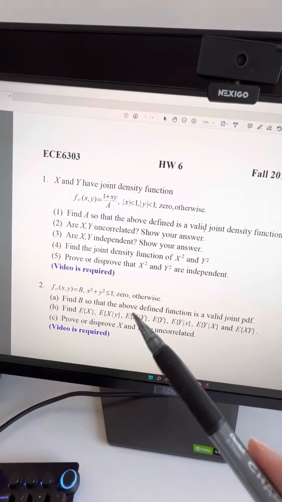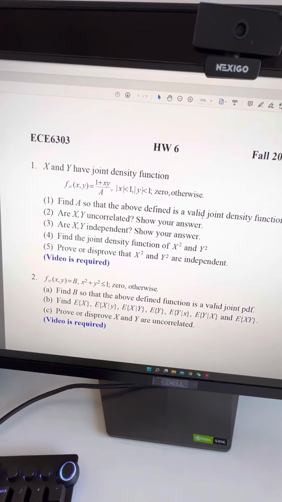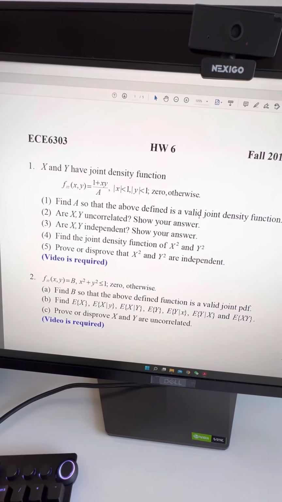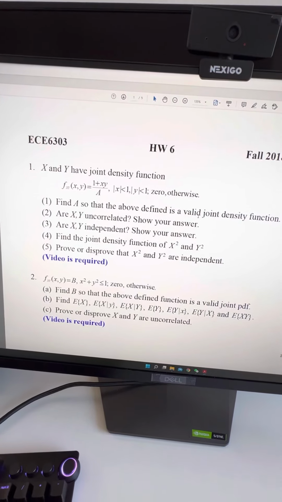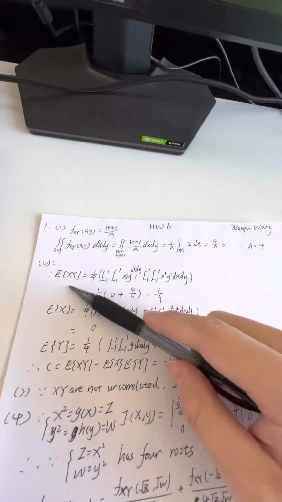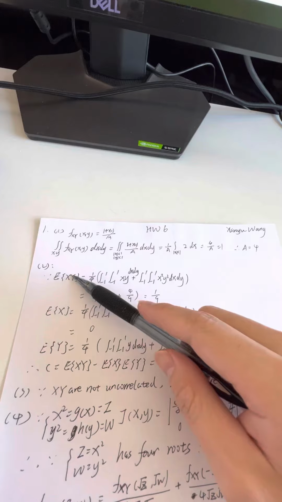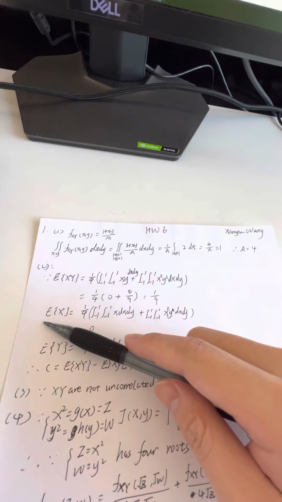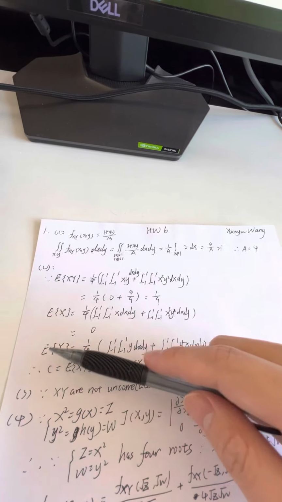For the second sub question, are x and y uncorrelated? It is very easy. We need to calculate the expectation of xy and the expectations of x and y separately.